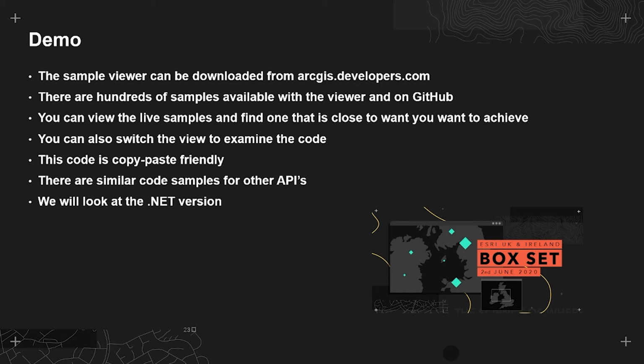There are hundreds of samples available with the viewer and on GitHub. You can view live samples and find one that's close to what you want to achieve. You can also switch the view to examine the code. Code is copy-paste friendly. There are similar code samples for other APIs. We'll take a look at the .NET version.